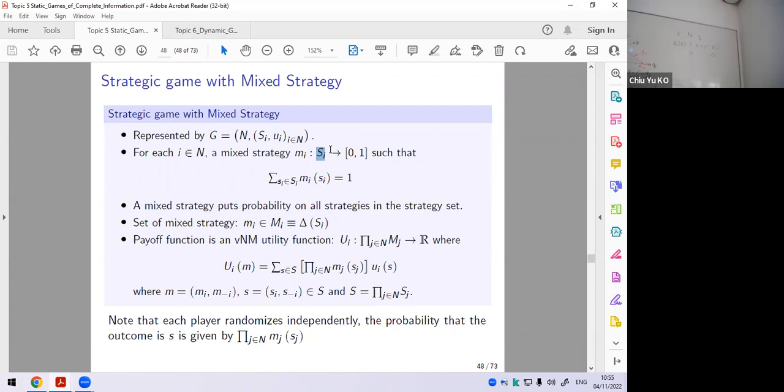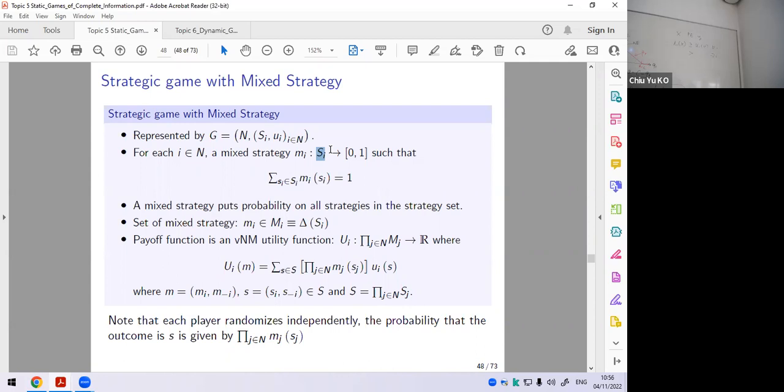And M is the probability. If you note M1, M2, it is the probability assigned to that strategy. You multiply by that.